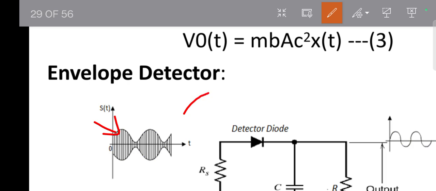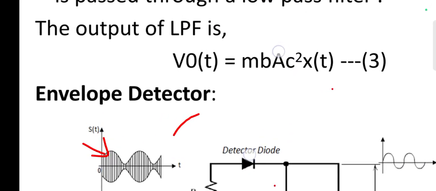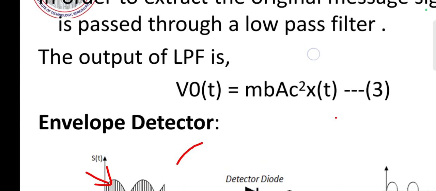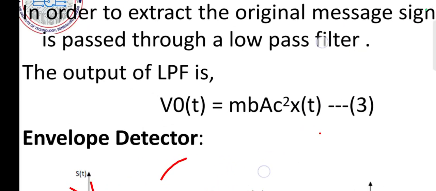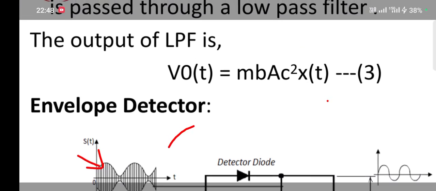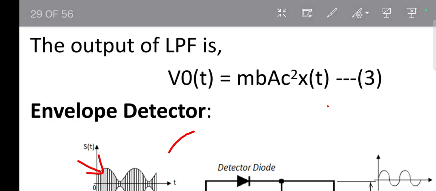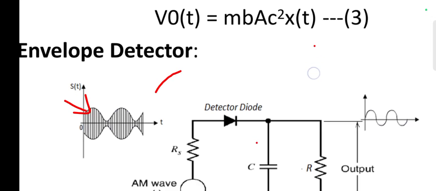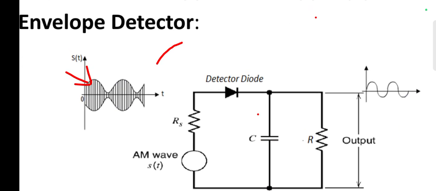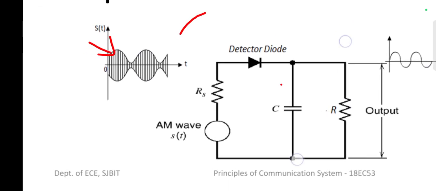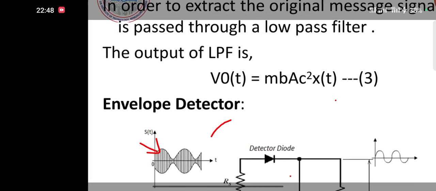Later on, let me use a pen here. During the discharging process, you keep this particular resistance in such a way that the resistance becomes very large.